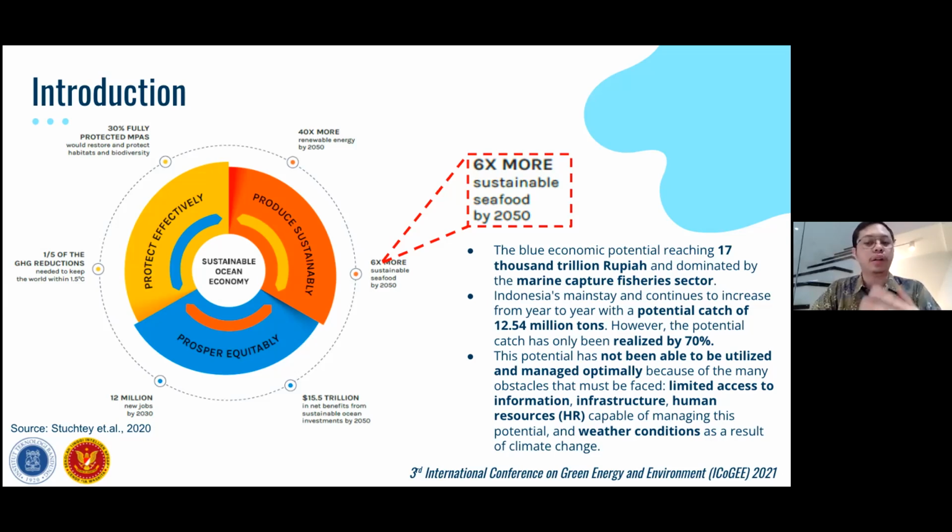However, the potential can only be realized up to 70%. The potential has not been utilized and managed optimally because we have limited access to information, infrastructure, human resources, and also weather conditions as a result of climate change.